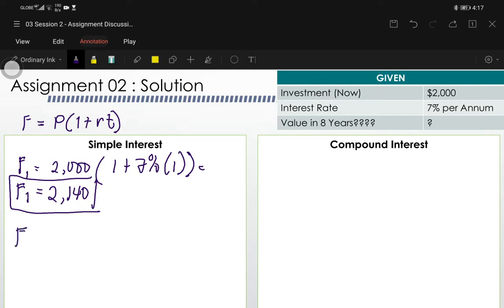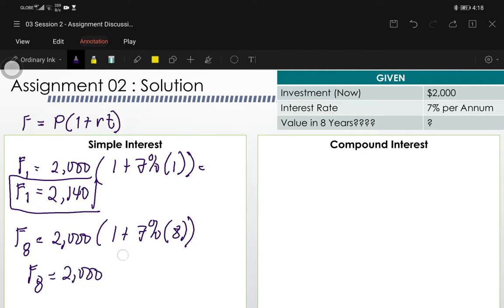And then, let's jump to the value of the investment in 8 years. F at the end of 8 years is equal to 2,000 times 1 plus 7% multiplied by 8. So, the amount of the investment at the end of 8 years would be equivalent to 2,000 multiplied by 1.56.